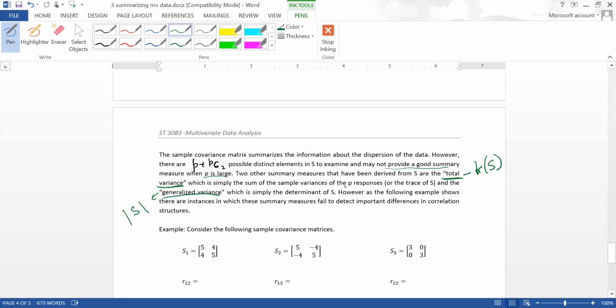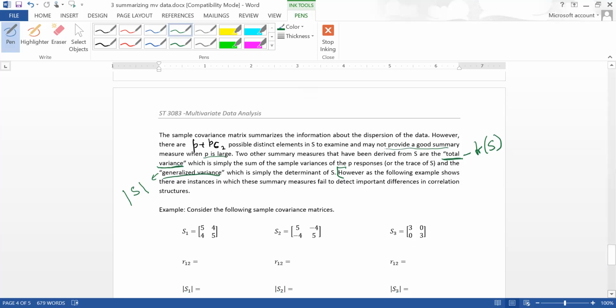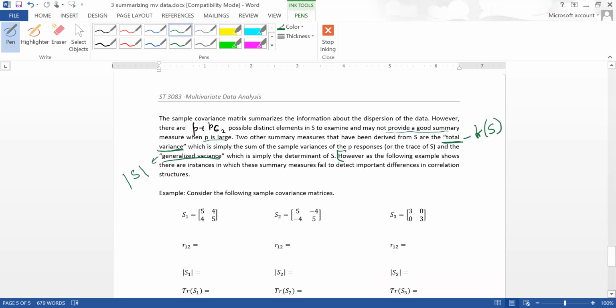However, as the following example shows, there are instances in which these summary measures fail to detect important differences in the correlation structure. Remember, we are interested in the correlation structure of the multivariate data. Covariance and correlation are not similar, but we can compute one from the other.